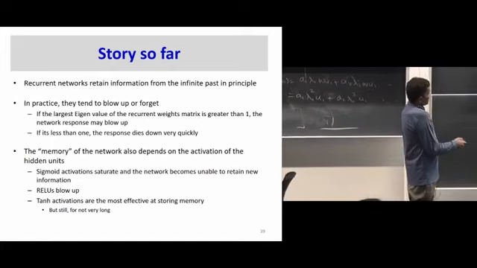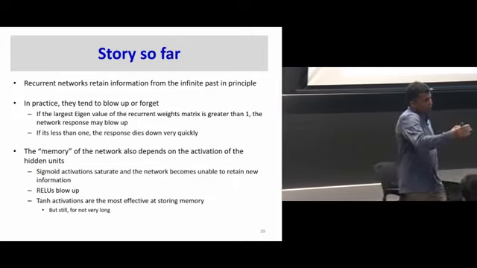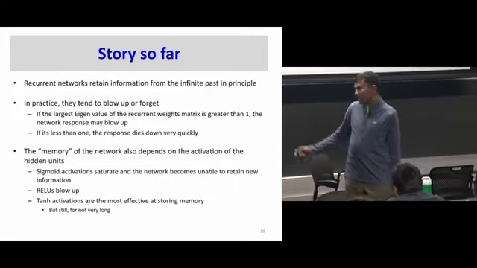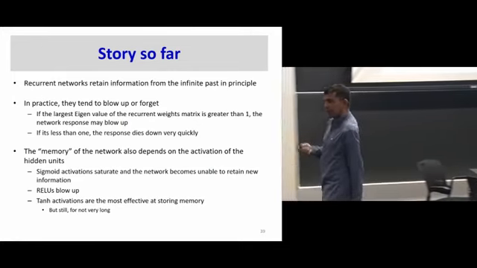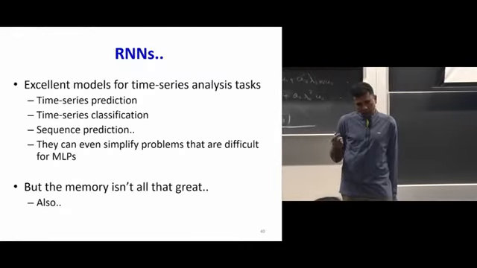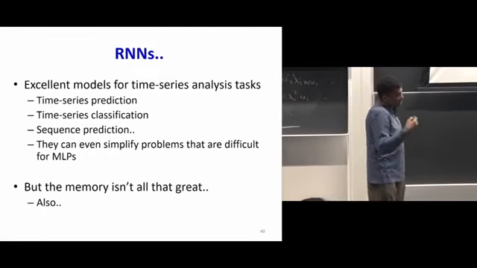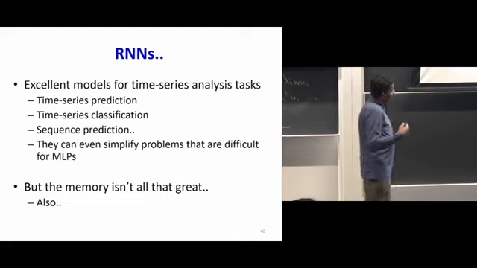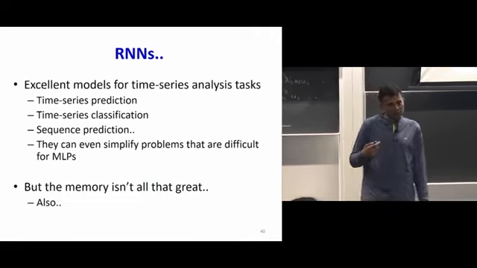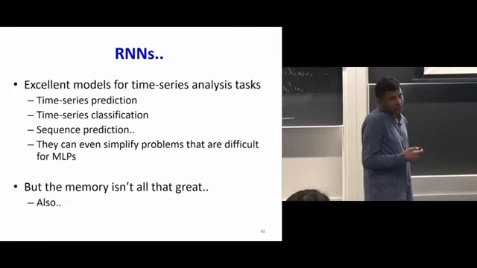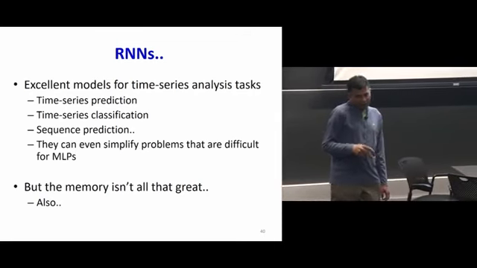So the tanh activations, amongst the ones that we just saw, are the best ones for storing memory in the long term, but they still have relatively short memory. They're not going to remember stuff for very long. Summarizing everything so far, they're excellent models for time series analysis tasks, prediction, classification, sequence prediction. They can even simplify problems that are difficult for MLPs, but the memory isn't all that great.